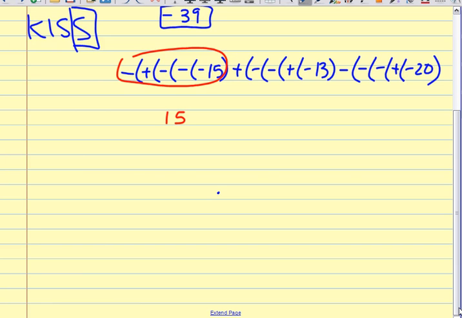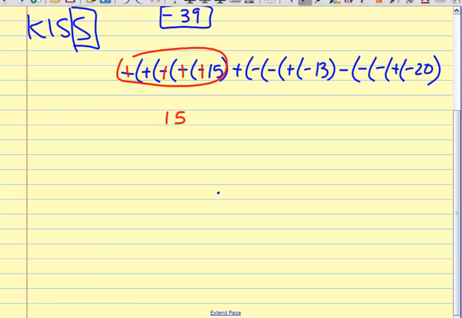How many negatives are in front of the 15, CB? It's 4. And is 4 an odd number or an even number, Pace? 4 is even, so that means 15 is going to be positive, because this one and this one cancel, and that one cancel. So it's all positive. Okay?